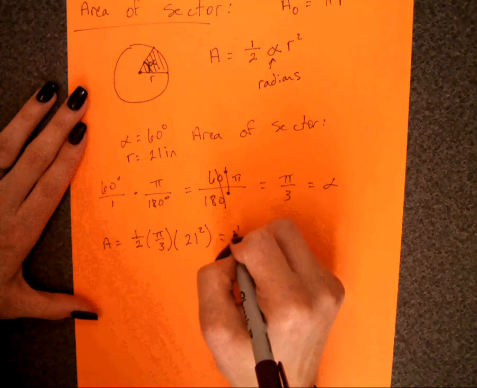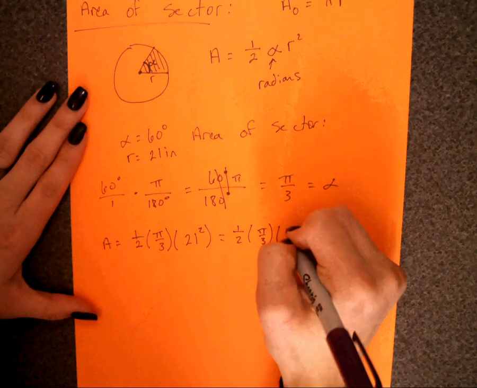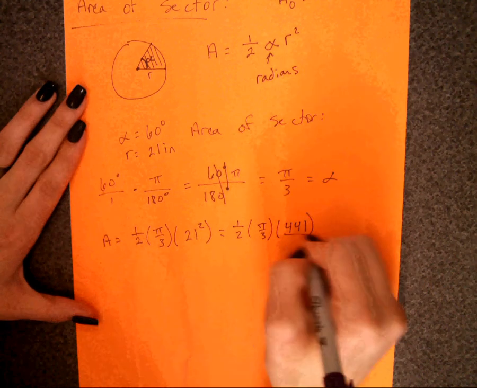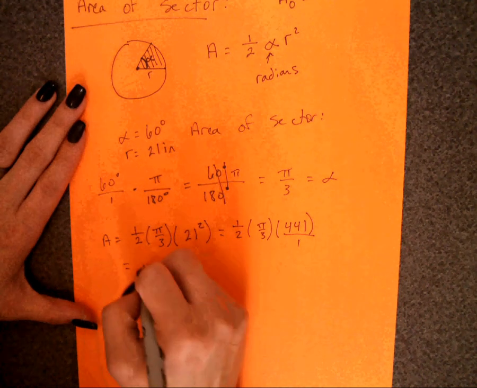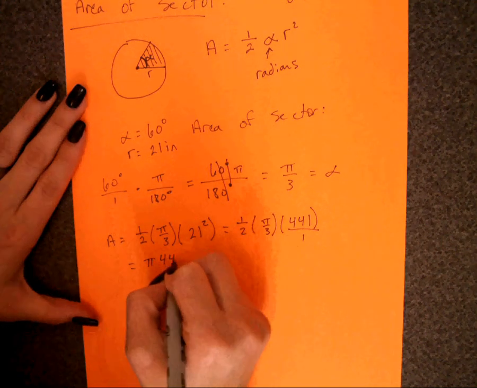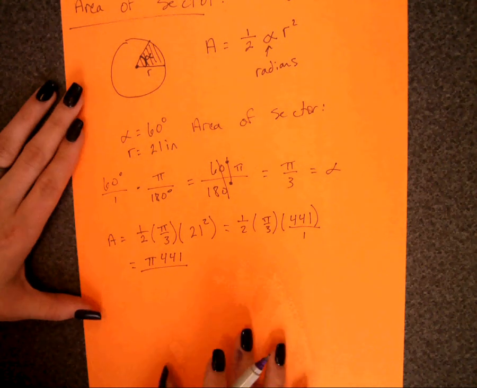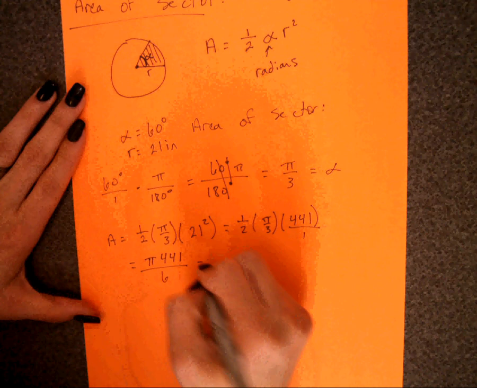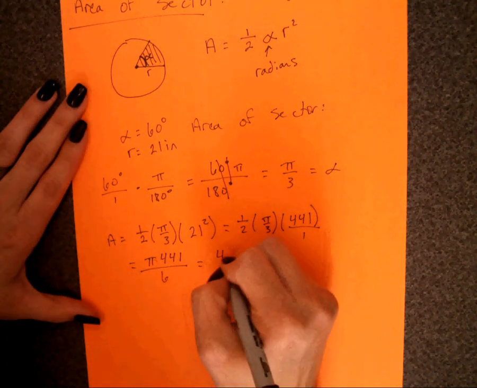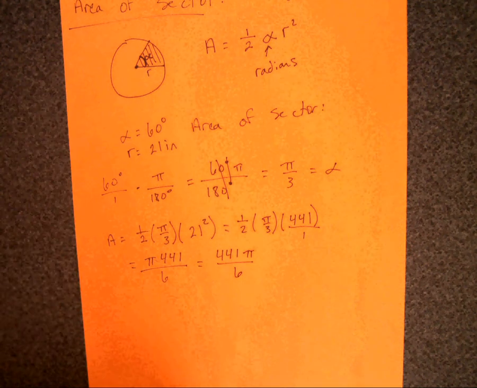So I have 1/2 times pi over 3 times 441. So multiplying my fractions straight across, I get 1 times pi times 441 is pi 441 over 2 times 3 times 1 gives me 6. And cleaning this up a little bit, we kind of look at pi as a variable, so it's 441 pi over 6. Again, this is the exact value.